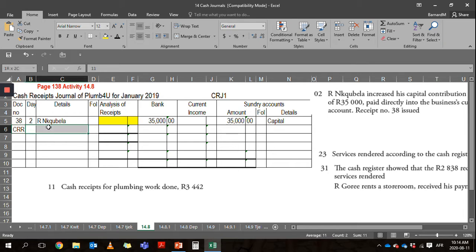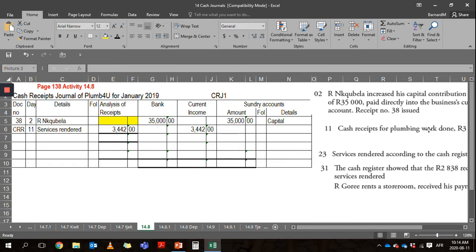It will be the 11th, and this is for services rendered. So we will write here services rendered. The amount is 3,442, and it is for current income. So nothing in the bank.